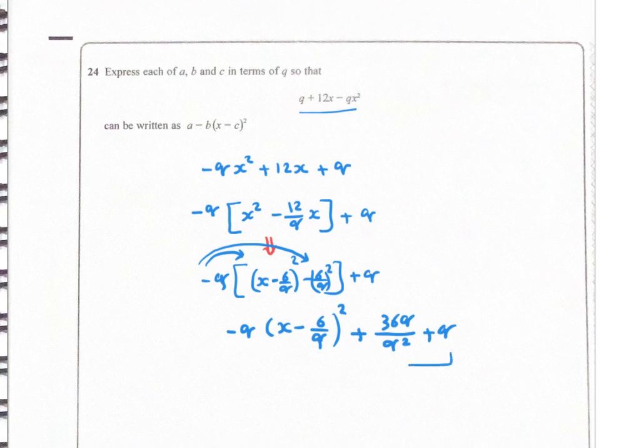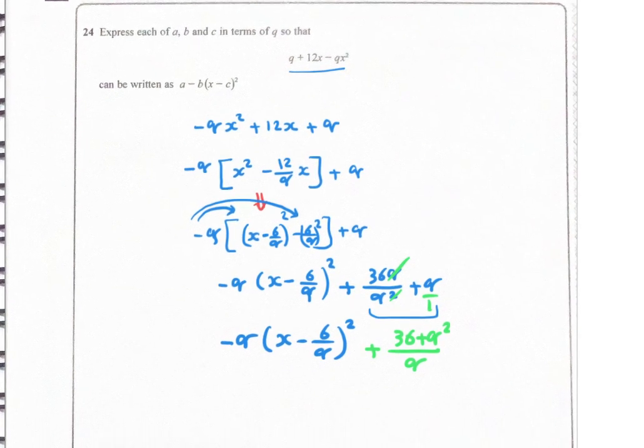We can simplify more, so negative q into x minus 6 over q all squared, and for this, q can be removed with the power, so this q cancelled with the power, so 36 over q plus q. We can simplify more, so this is over 1, multiply the denominator, so q times 1 equals q, and 36 times 1 plus q times q, so 36 plus q squared.